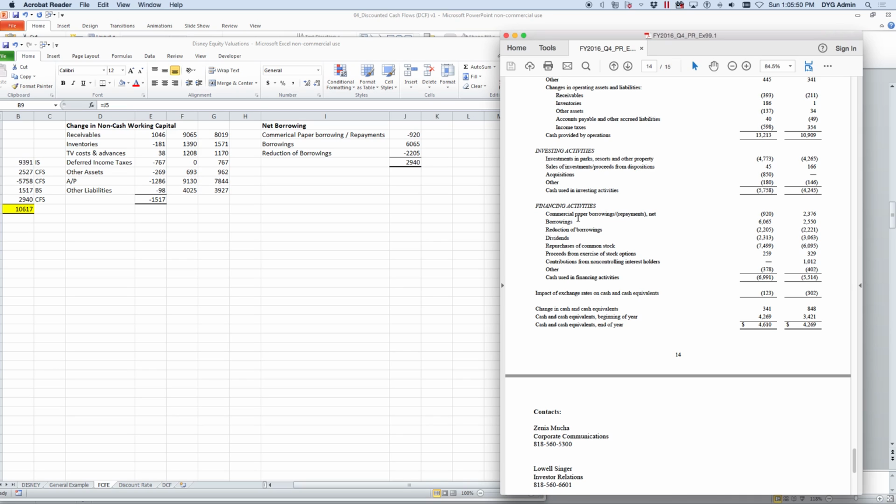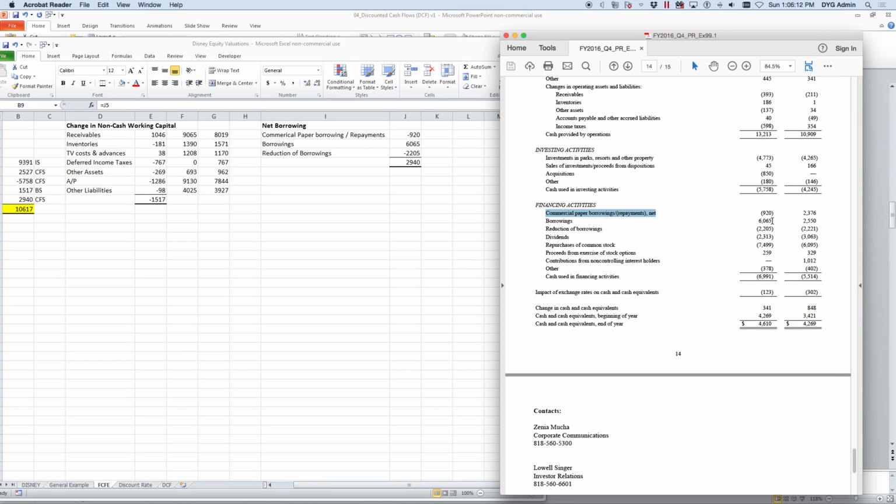It talks in terms of cash that we received from these. So from a commercial paper standpoint, we paid out cash this year. So it's like negative borrowing. We paid it back in, so that's a negative number. In terms of total borrowing, which would include short-term and long-term, so that's good.